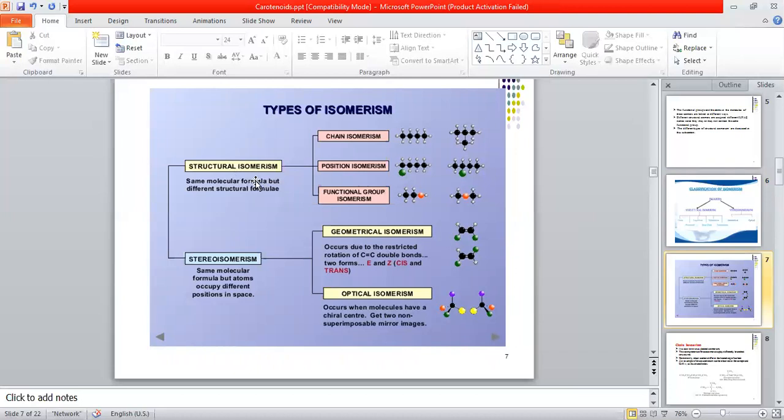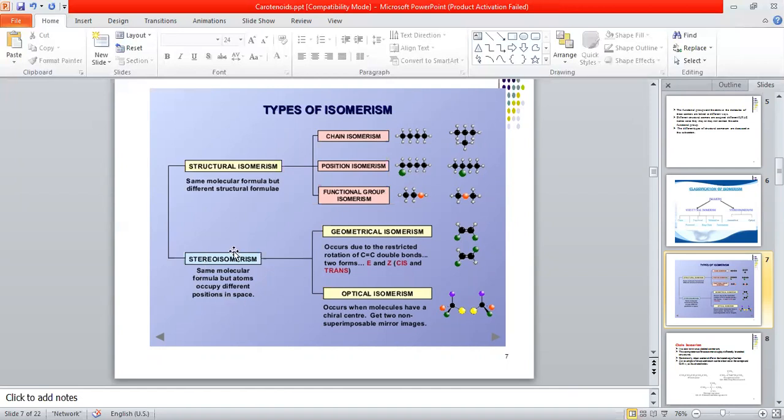Structural isomerism, as the name indicates, means having the same molecular formula but different structural formula. That is called structural isomerism.